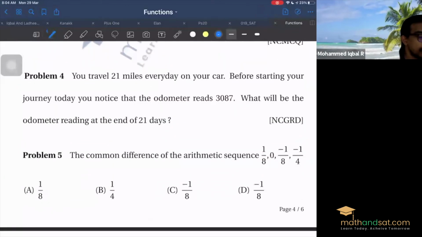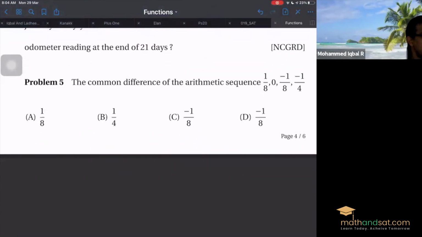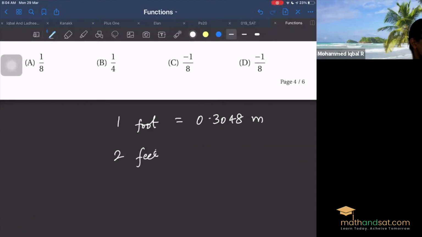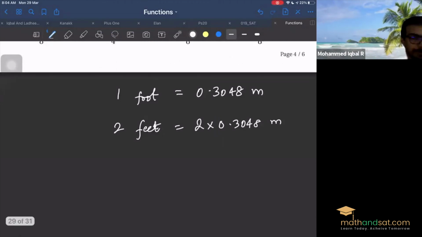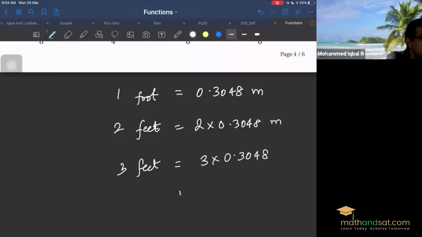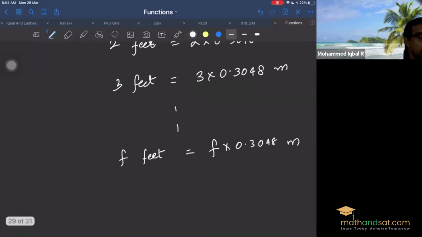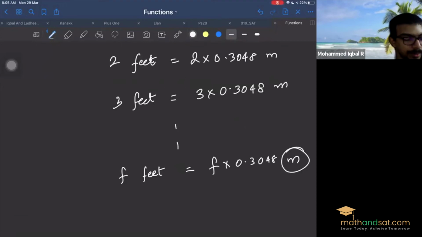It is given that 1 foot is equal to 0.3048 meters. So 2 feet is 2 times 0.3048 meters. If you have 3 feet, this is 3 times 0.3048. Similarly, if you have F feet, your quantity in meters will be F times 0.3048, where m is a shorthand notation for meter.